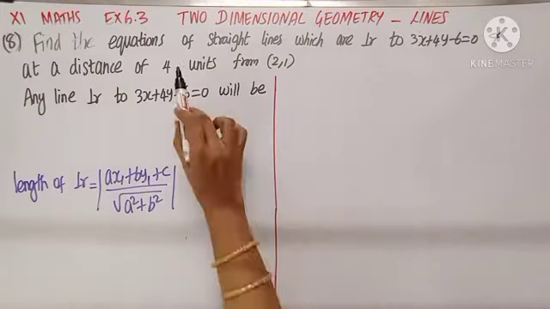Therefore, I get k by 2 plus k by 3 equals 15. Taking LCM, it is 6. 3k plus 2k equals 15, or 5k equals 90, k equals 90 by 5, that is 18.